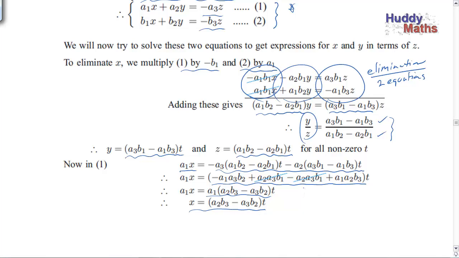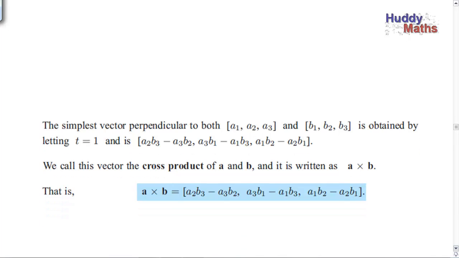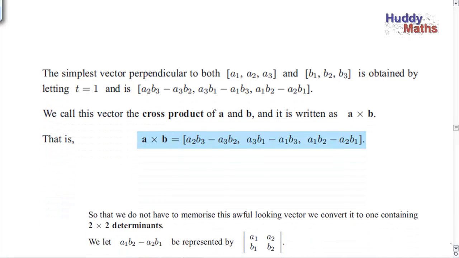So because a vector is x, y, z, we can say it's t outside of those components. So this is the simplest vector which would be perpendicular to the given two. So let's do that down here. Okay, so the simplest vector is this one here, which has just got those components. The whole family of vectors would be that times t, if you like.